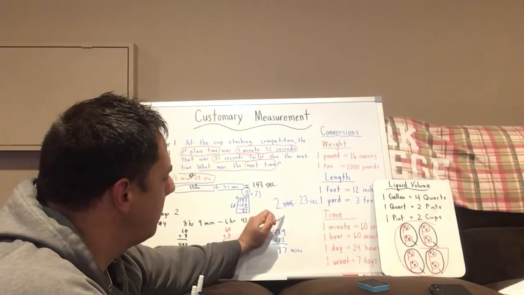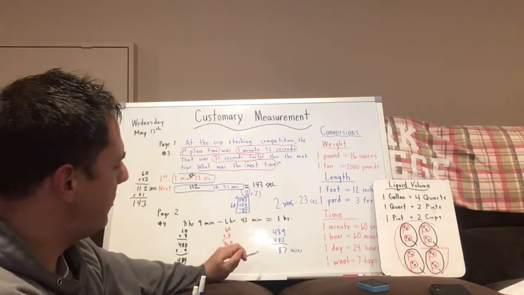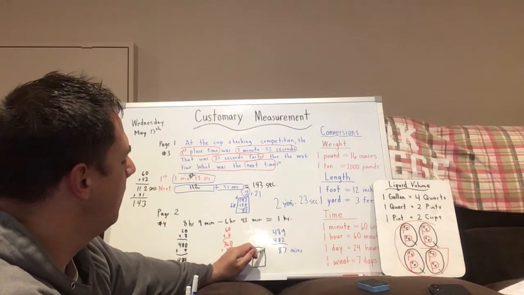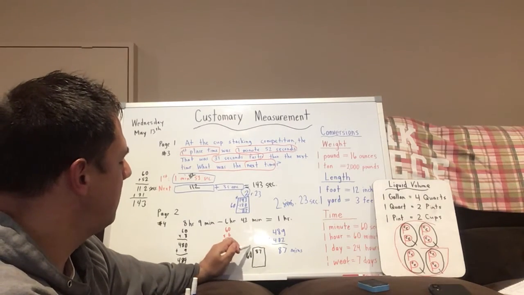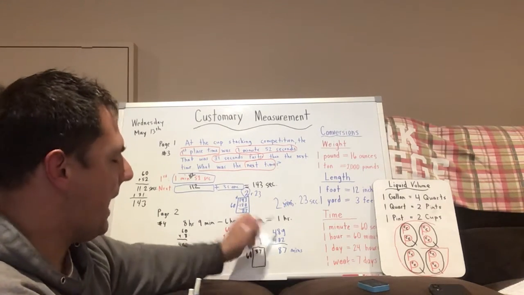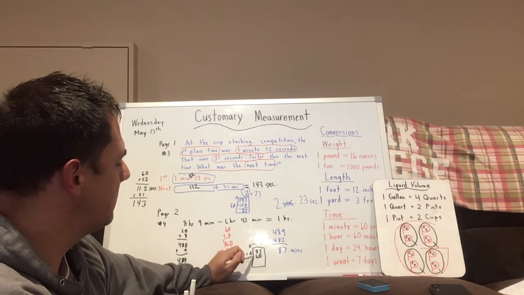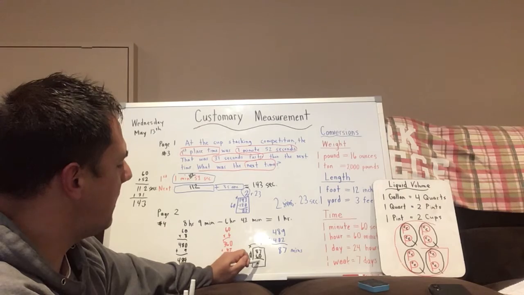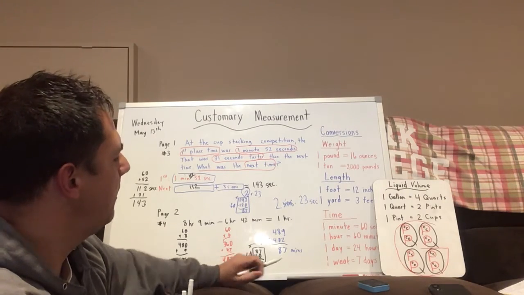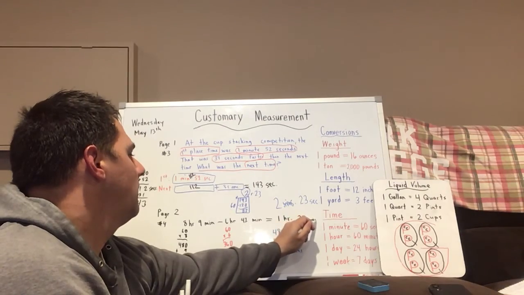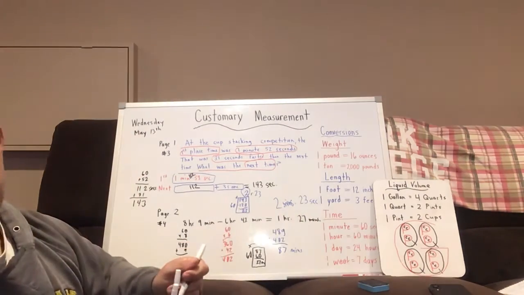It's really doing division, 87 divided by 60. 1 times 60 is 60, and when I subtract, I'm left with 27 minutes. So 1 hour, 27 minutes is my answer for that problem.